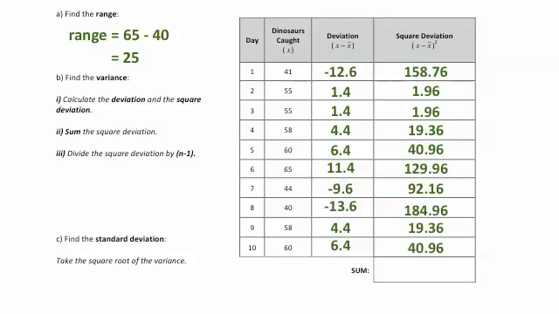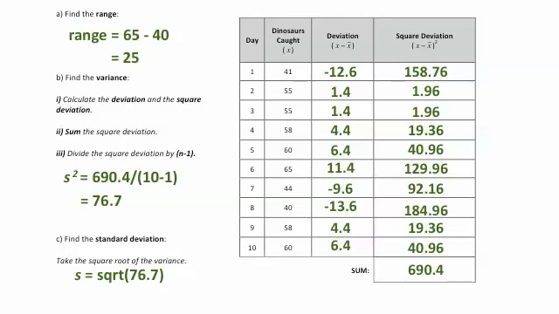When we take the sum of this, 690.4, and divide by n minus 1, we get 76.7. The standard deviation for Miss Hughes is the square root of that number, 8.8.